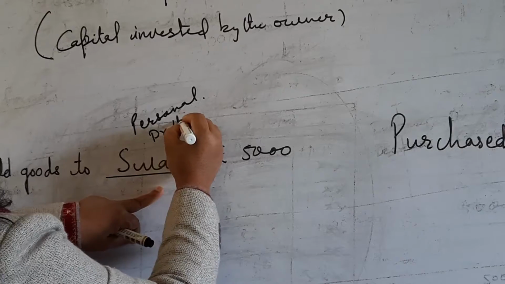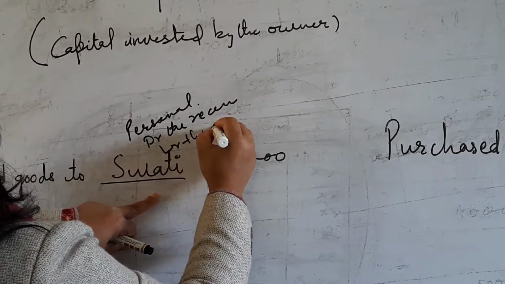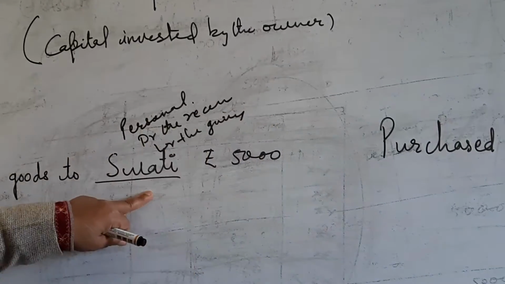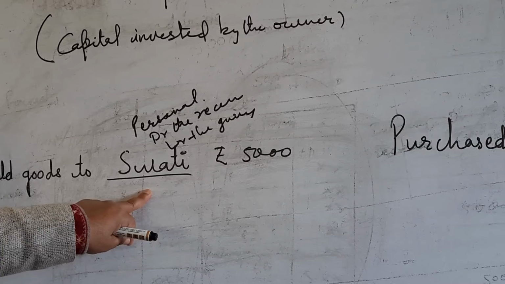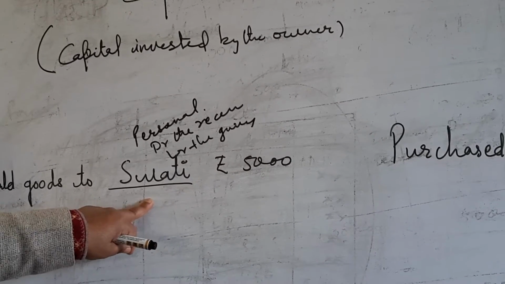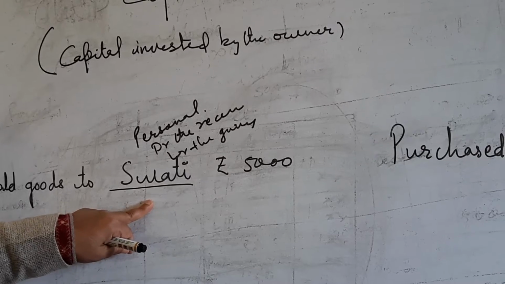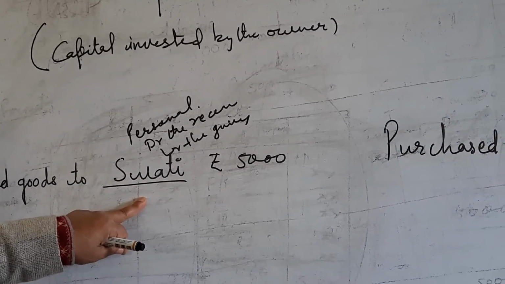Debit the receiver, credit the giver. Is she the giver or receiver here? Swati is the receiver. Business is giving goods to Swati.